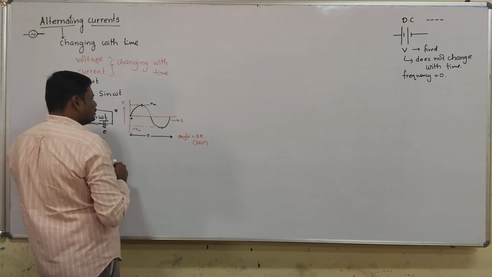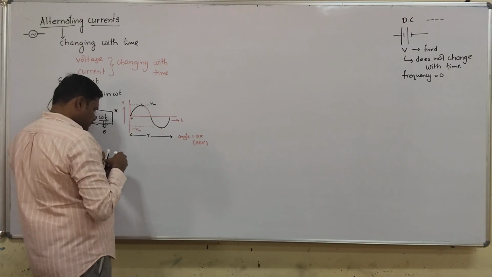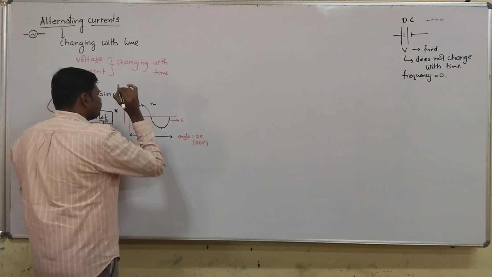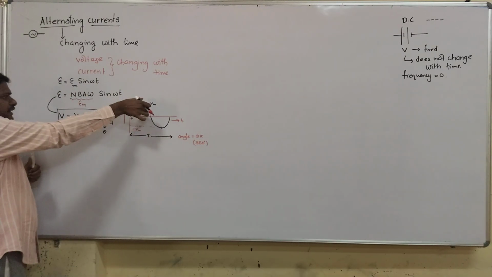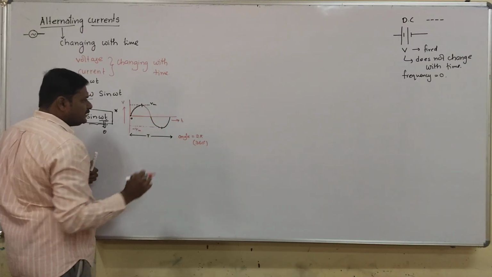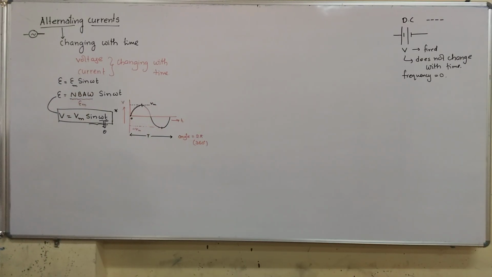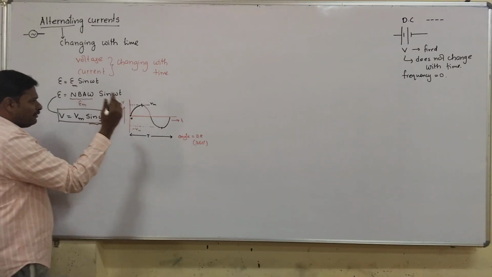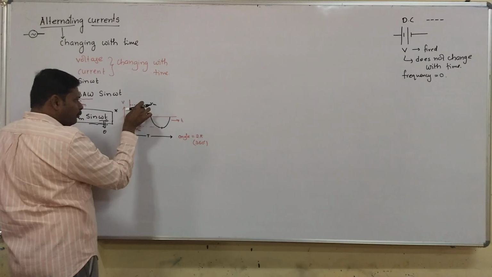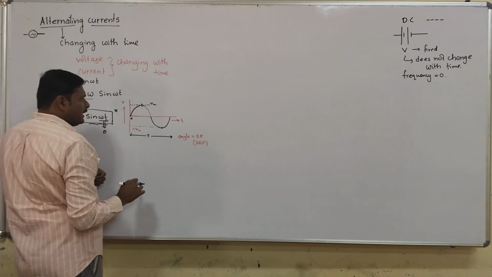So each 90 degrees is one part of the path. Next to 90 degrees, this is a path. Next to 90, this is the path. So the average value over one cycle is equal to 0: upward positive, downward negative.